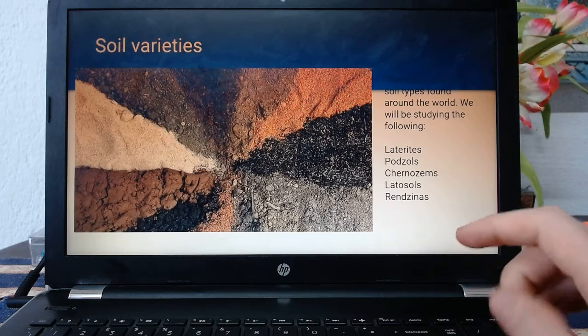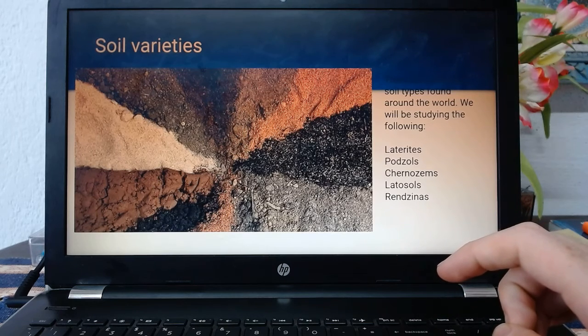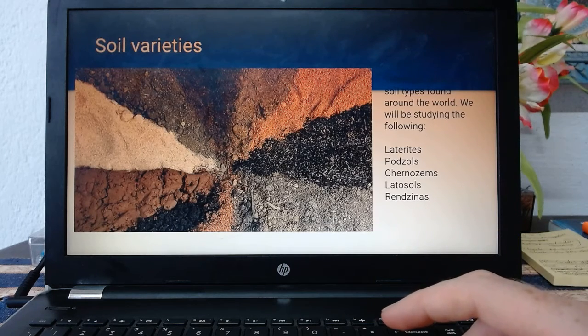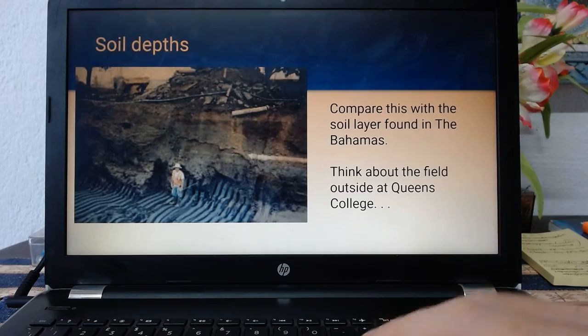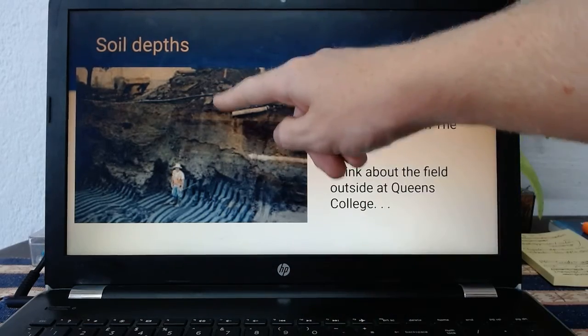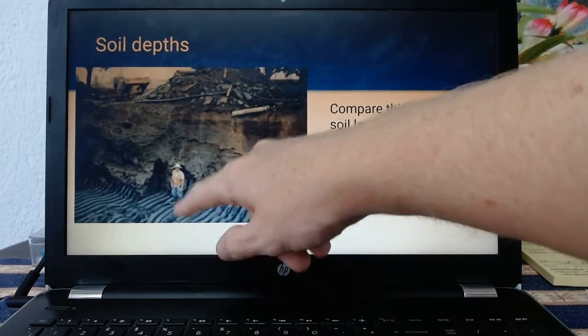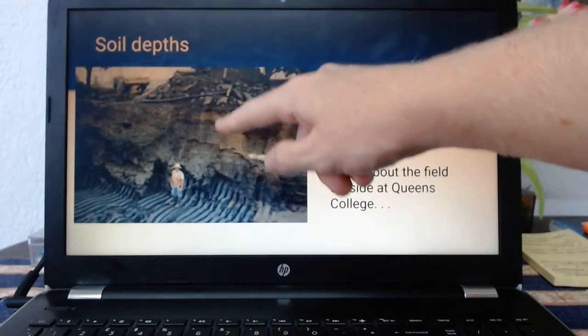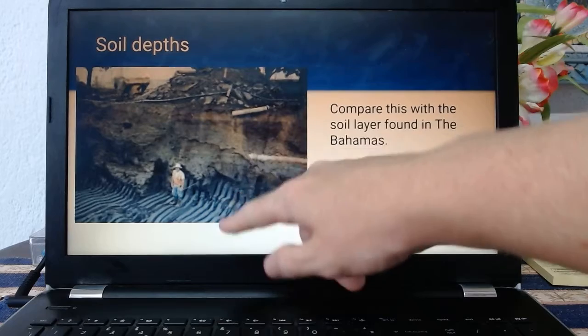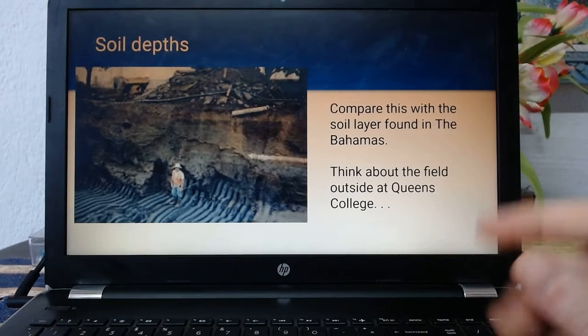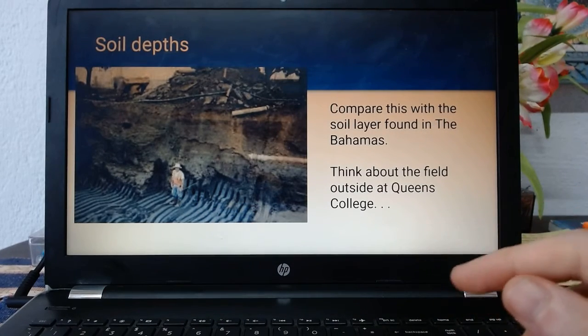You'll do one little task, which isn't an assignment, at the end of this lesson, where you'll organize factors that help to form soil. Soil depths then as well. I don't know how clear this photo is, but you can see the depth of the soil. This is a fully grown man down here, and you can see how it changes from a reddish brown color down to a yellowy gray color down to much more clay and mushy material.